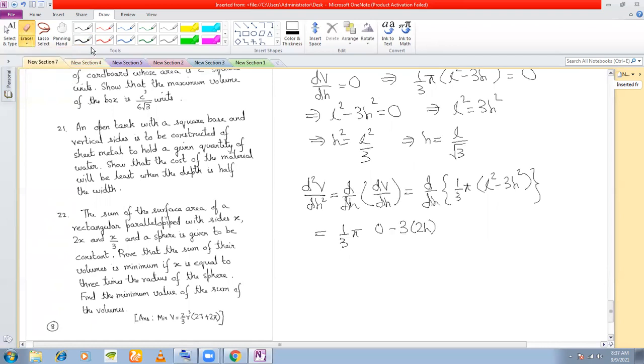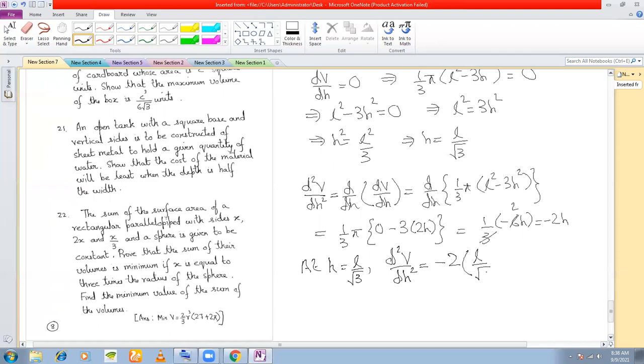So you're getting 1/3 of minus 6h, which is equal to minus 2h. Now we need to check the sign at h equal to L by root 3. At h equal to L by root 3, d2V/dh2 is equal to minus 2 times L by root 3, which is obviously negative.